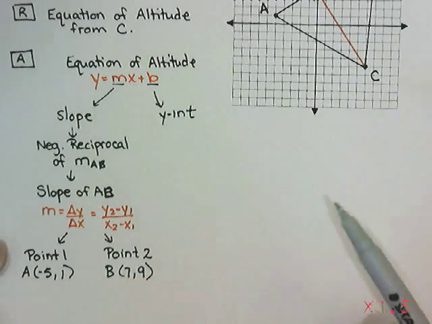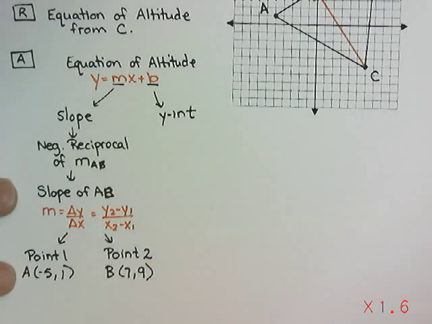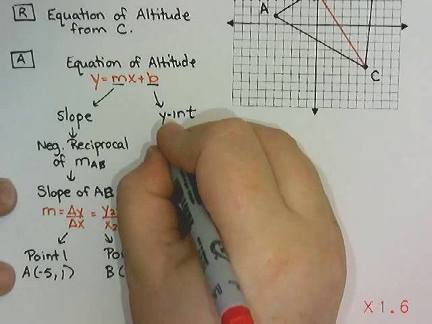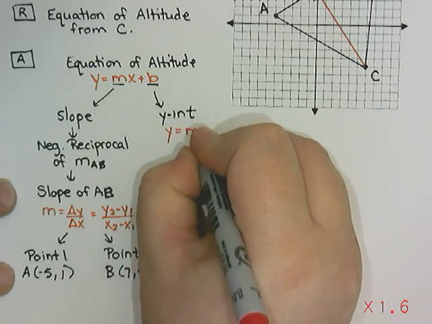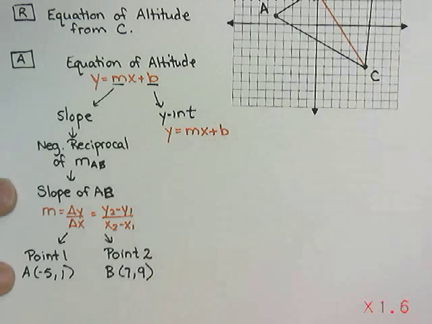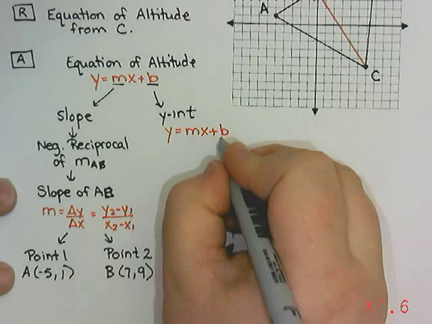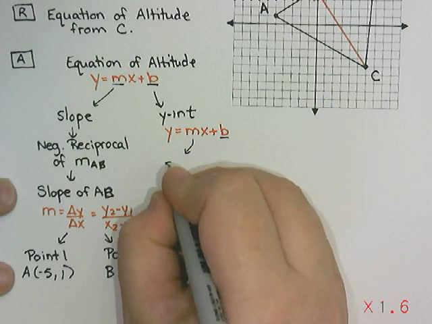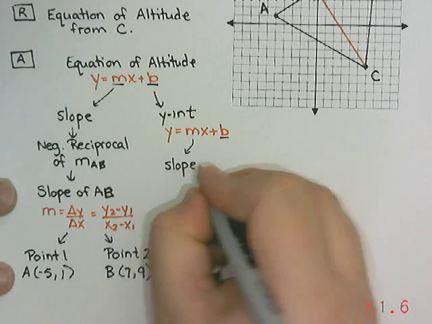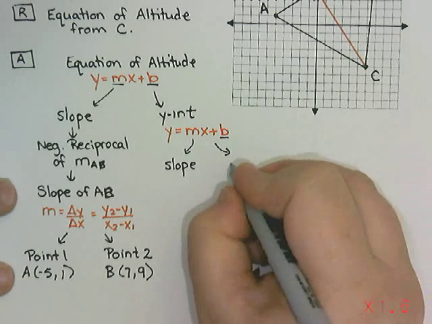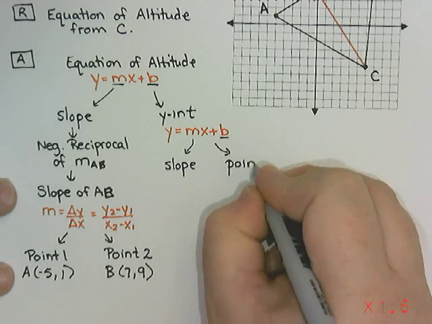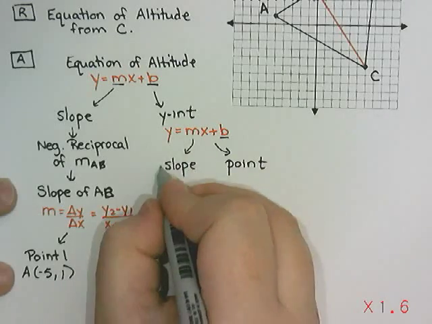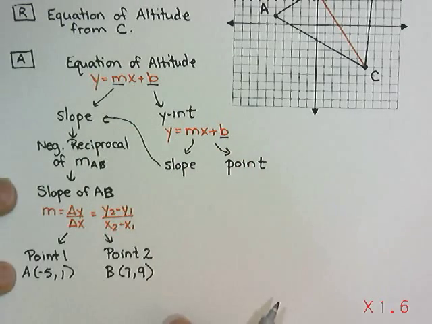I'll use the points to find the slope, use that slope to find the negative reciprocal, and then we've got our slope. To do y-intercept, we use the formula y equals mx plus b. In order to find the b this time, I need to know the slope. And I also need an x and a y, which would be a point. Now, the slope we should be able to get from whatever we used on this side.